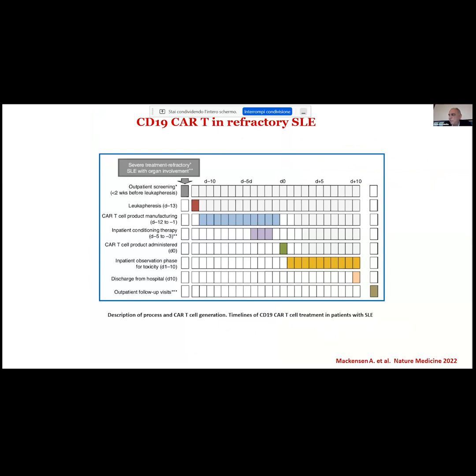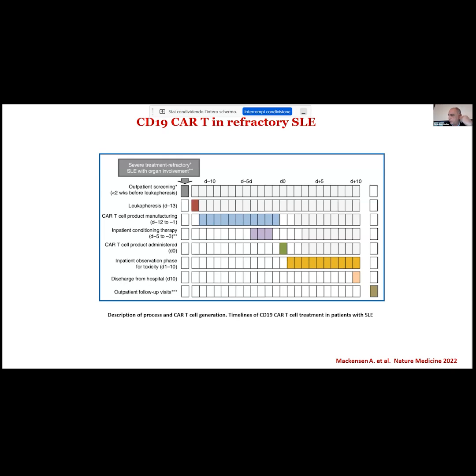Patients received fludarabine 25 milligrams per square meter intravenously on days 5, 4 and 3 before receiving the cells, the T cells that were engineered, and also cyclophosphamide 1 gram.